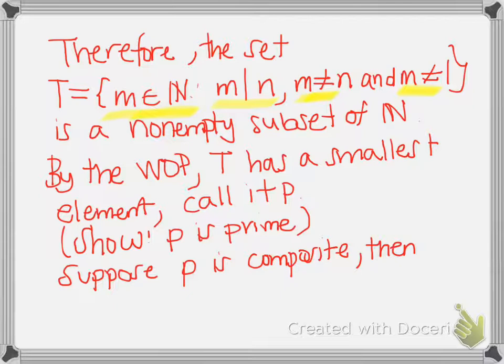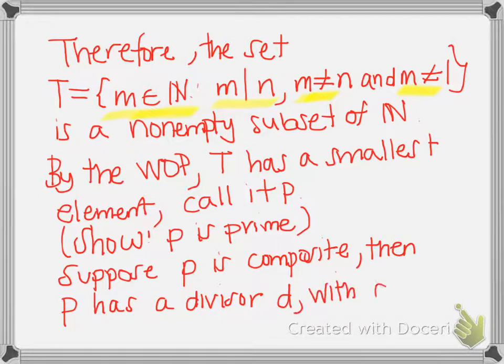Suppose P is composite. Then P has a divisor, let's call that divisor D, where D can't equal P and D can't equal 1.